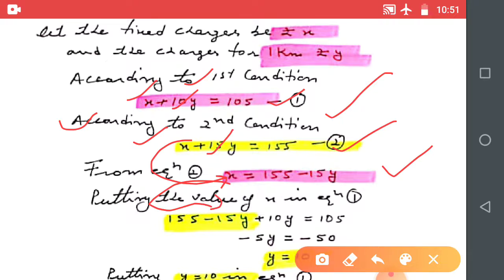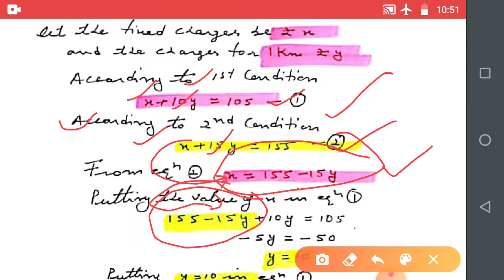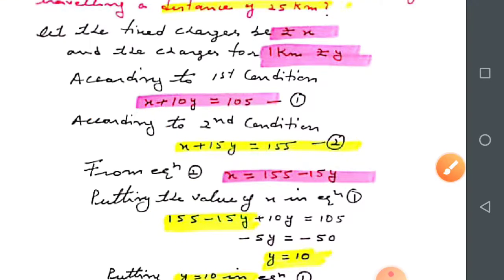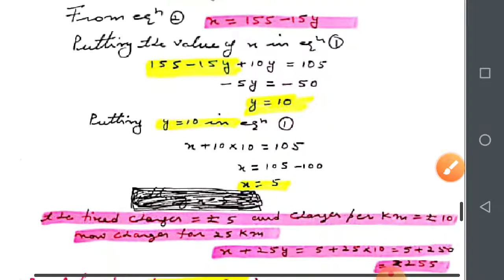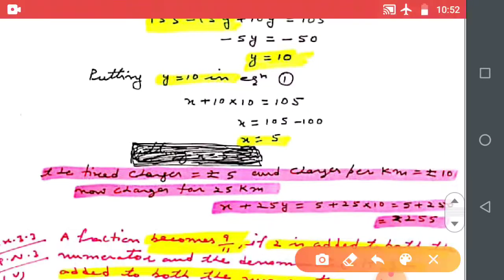So after putting the value of x as 155 minus 15y here, solve for y, the value of y comes 10. Clear? Now put this value of y in equation 1.